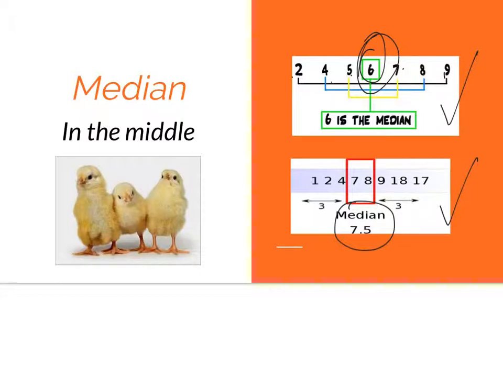People were scoring something from 1 to 20, and you have 1, 2, 4, 7, 8, 9, 18, 17. This is what your survey respondents said in the study, and you would calculate the average between 7 and 8, and the median is 7.5. So 50% of the values are below, and 50% of the values are at or above 7.5.